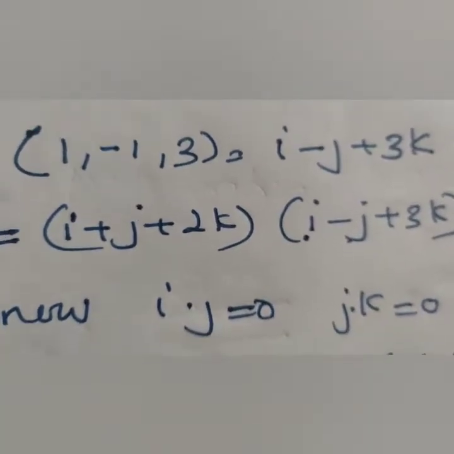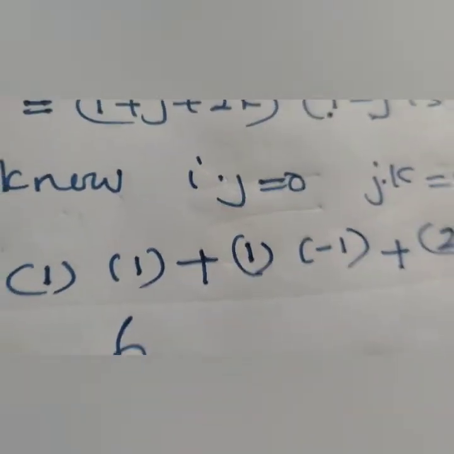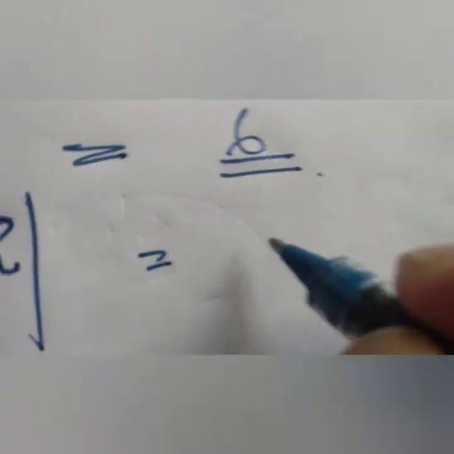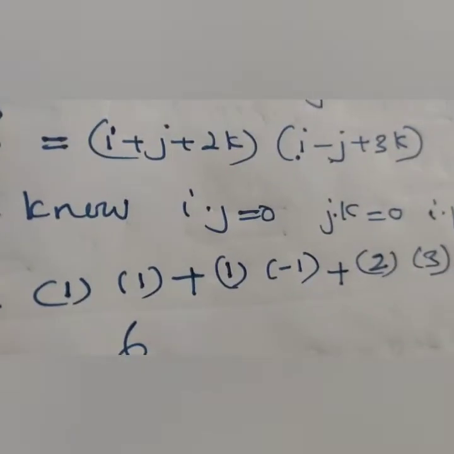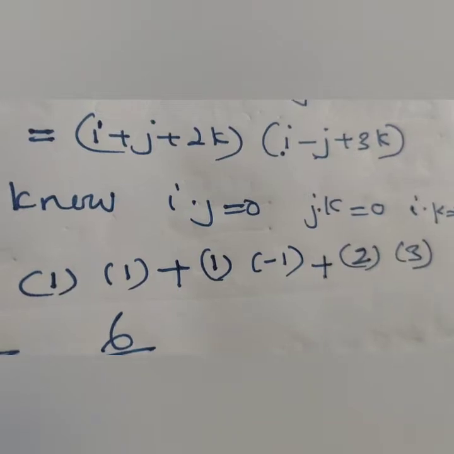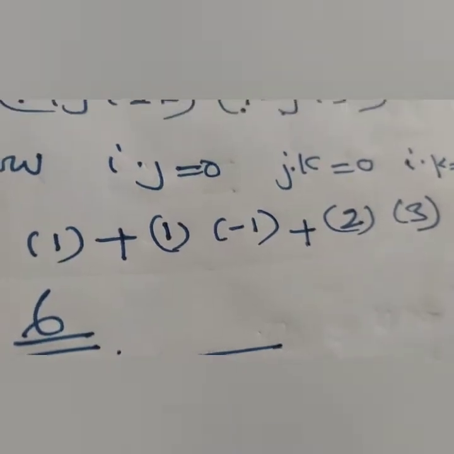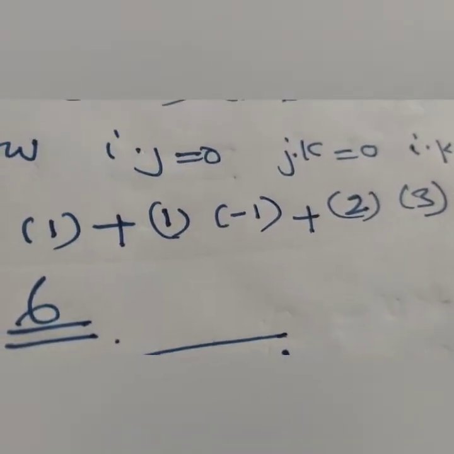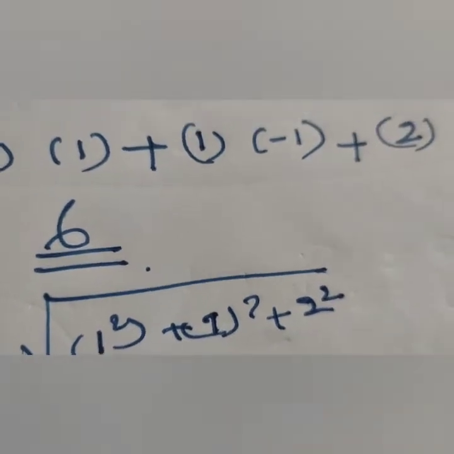If we want to take the modulus of A, what is the modulus of A? Modulus of A is equal to the square root of 1 squared plus 1 squared plus 2 squared. That is the square root of 1 plus 1 plus 4, which is 6.